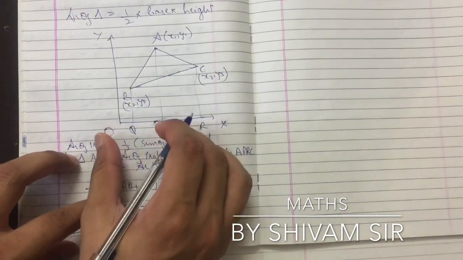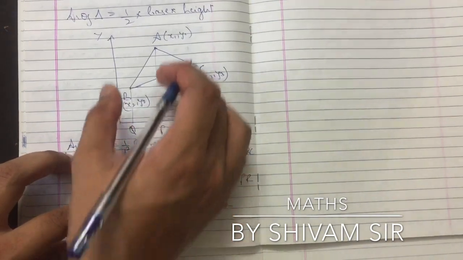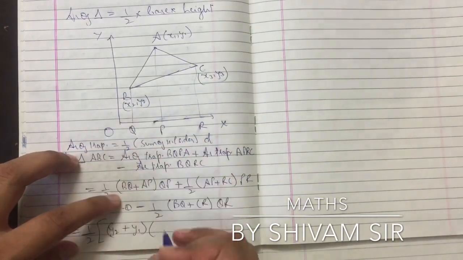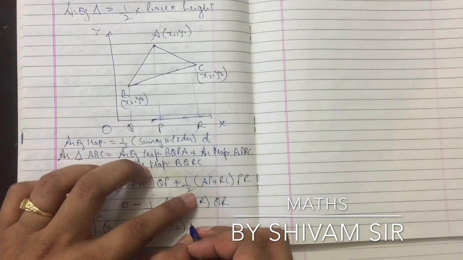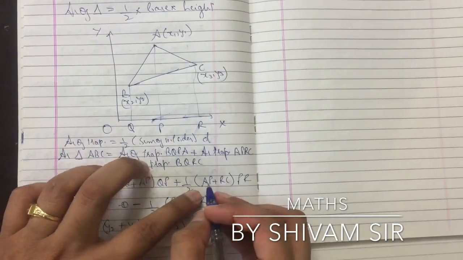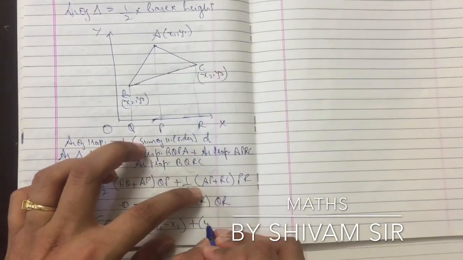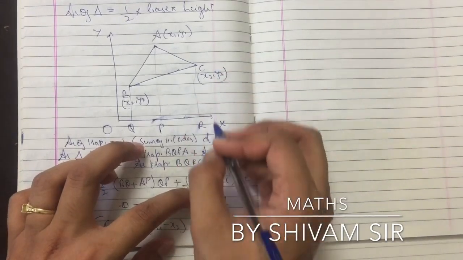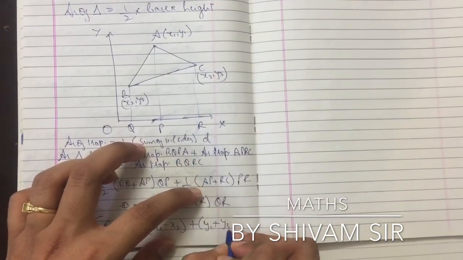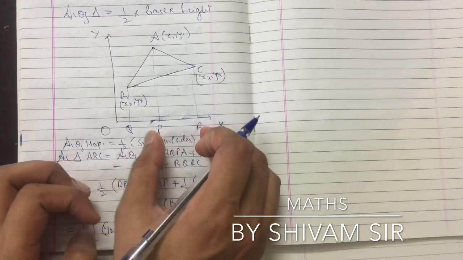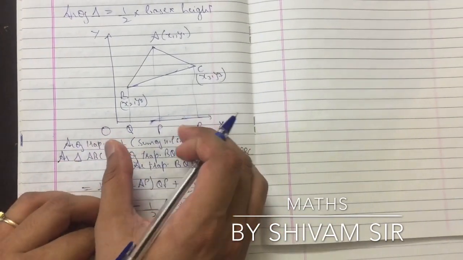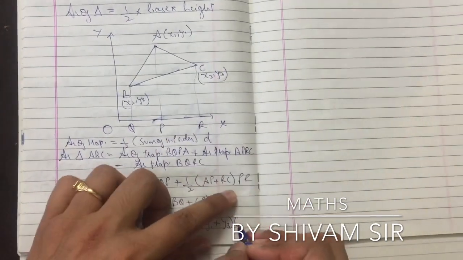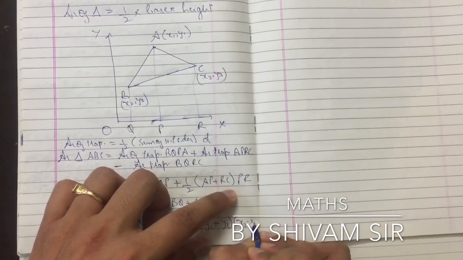So OP will be what? x1 and OQ will be x2. So x1 minus x2, plus AP is again y1, plus RC will be y3. PR is this OR minus OP. So OR is x3 and OP is x1. So x3 minus x1.